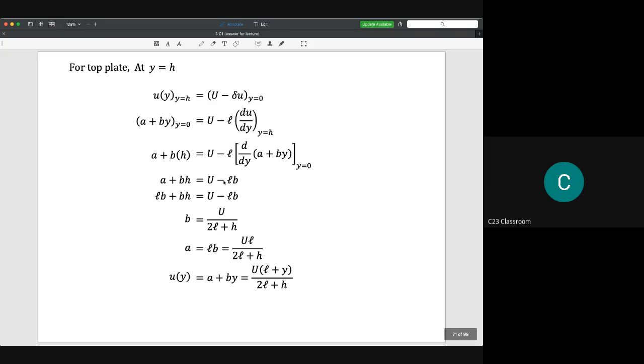And for the top plate here, we have y equal to h. You could imagine that because the thickness is h, we have y equal to h. So we substitute into the same equation, with y equal to h here and y equal to h here.